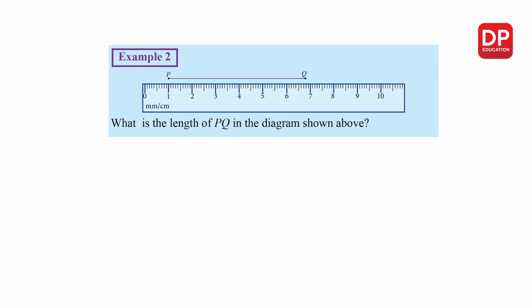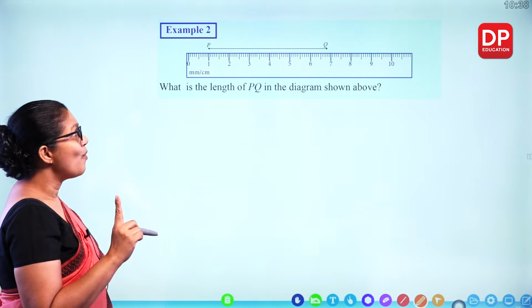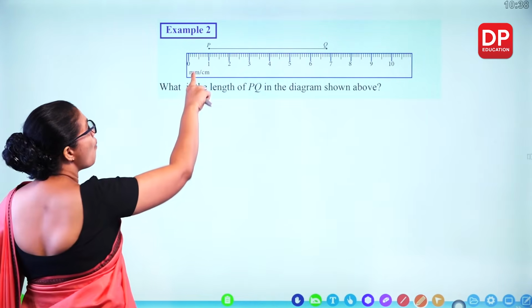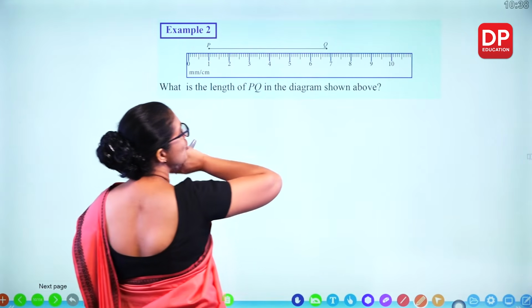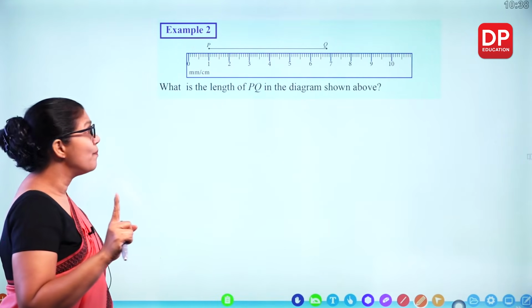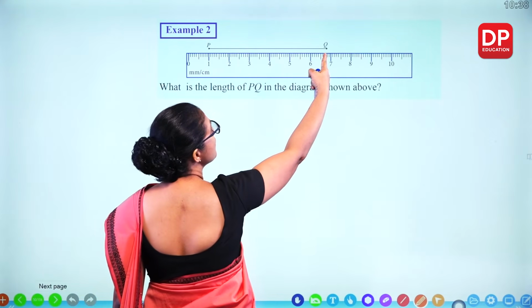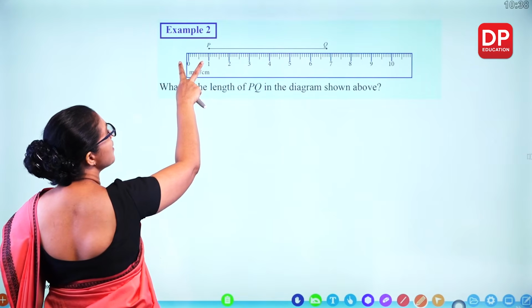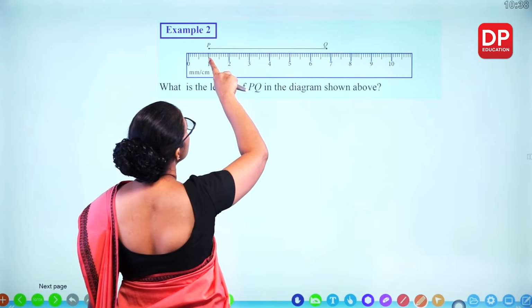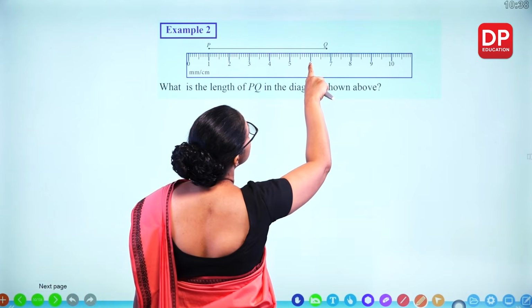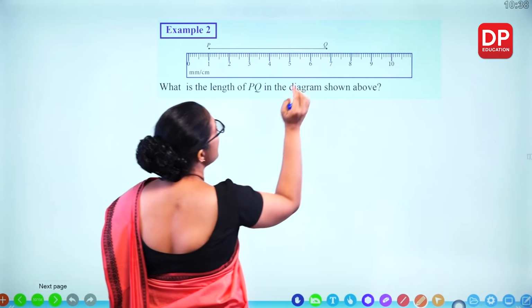Example number 2. What is the length of PQ in the diagram shown above? Now here it's from 1 to this much, not starting from 0. So you can't just read the value. Just read it and subtract 1. So what's the length here? 6.8.